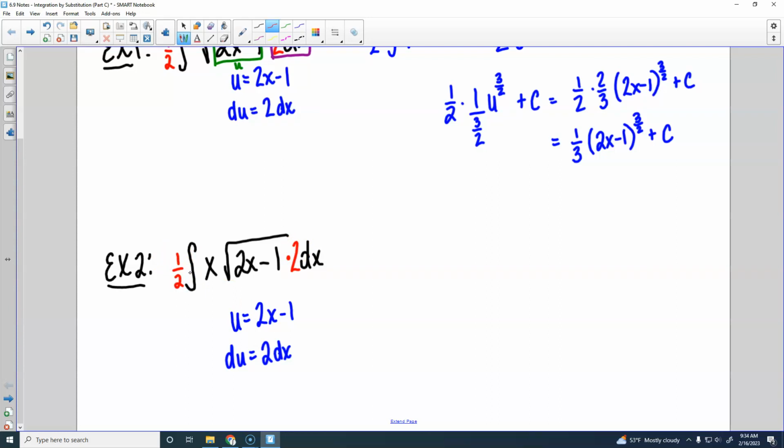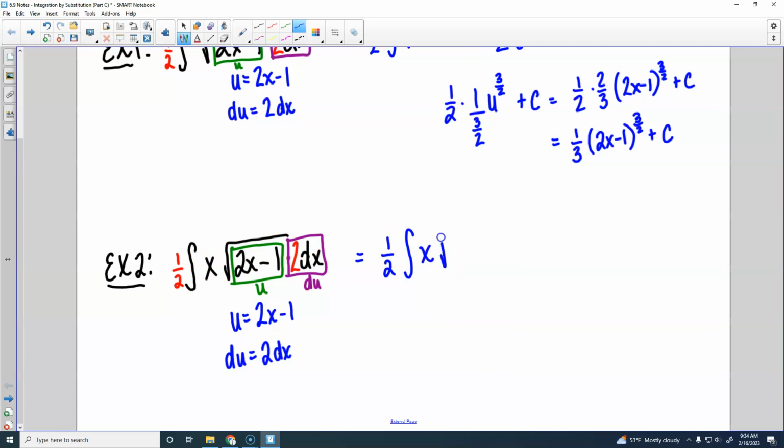But here is the problem that we're going to run into. Right here is my u. Right here is my du. That looks beautiful. But what I'm working with here now, I've got 1/2 integral. That x didn't get replaced.